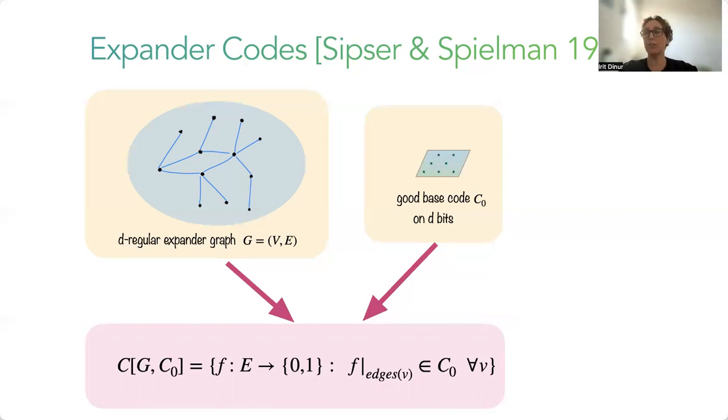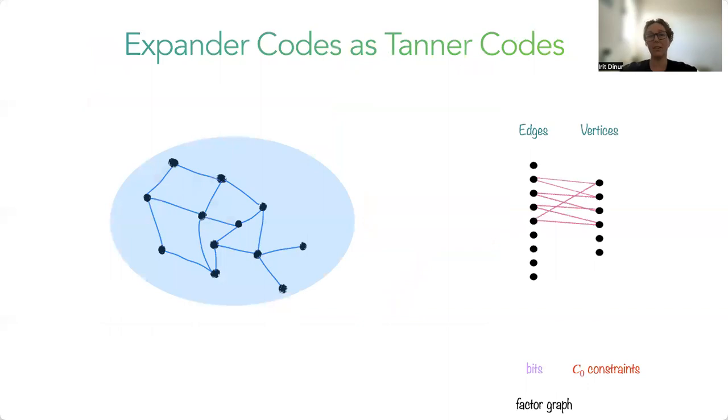So that's the definition of the Sipser-Spielman codes, and they proved that these codes have a constant relative distance and constant rate, and they can be decoded in linear time. And these codes can actually be viewed as Tanner codes. Tanner described the whole scheme of constructing codes by looking at a bipartite graph and putting the bits on the left vertices.